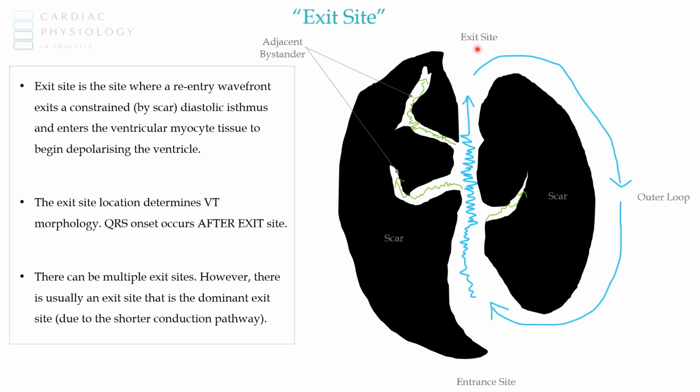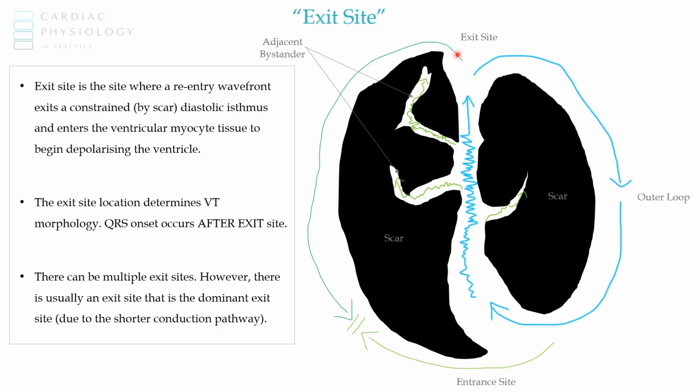So when you're localizing scar-related VT using the ECG, and you're saying, oh, this is a scar-related VT coming from the anterior basal portion, what you're actually localizing is the exit site of that VT, because the exit site is what dictates VT QRS morphology, because the ventricles are depolarized from the exit site.